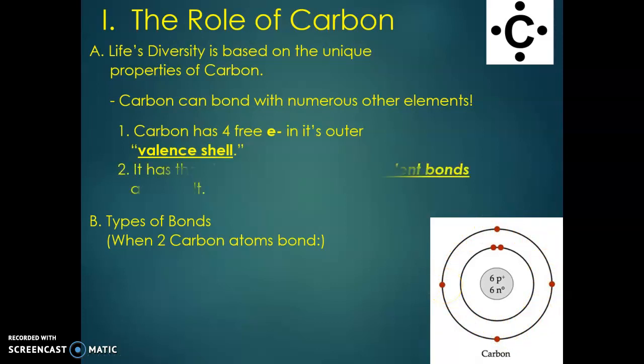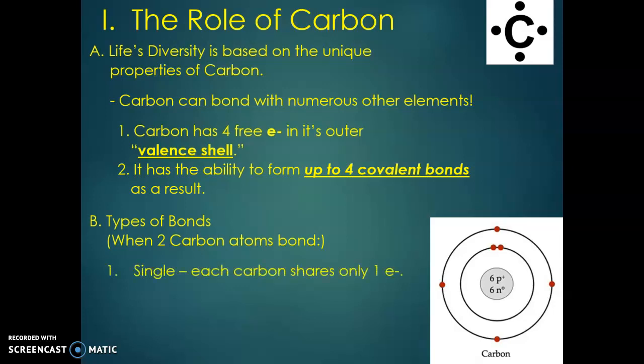So it is going to be able to form up to 4 other stable covalent bonds as a result of that. On top of being able to form 4 covalent bonds with 4 potentially different elements, it can also bind with itself. So you can take 2 carbon atoms and bind them together and create a single bond where each carbon's only sharing 1 electron apiece, or those 2 carbons could share 2 electrons and form a double bond with each other.